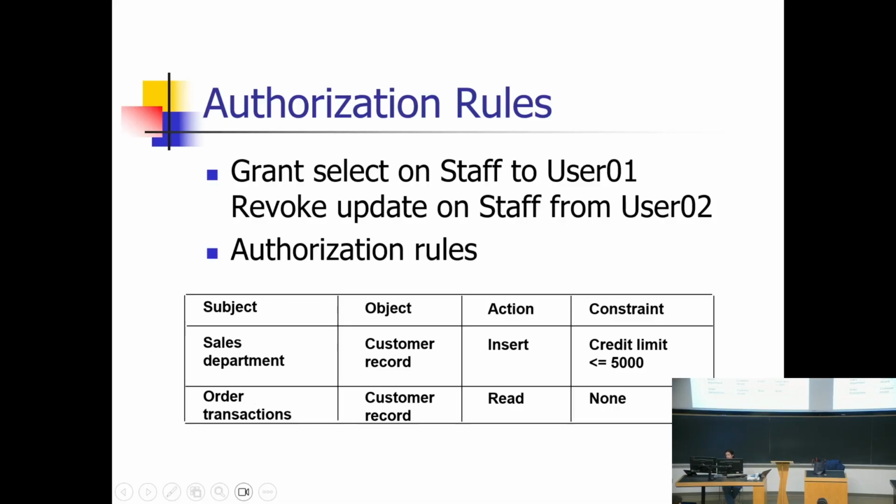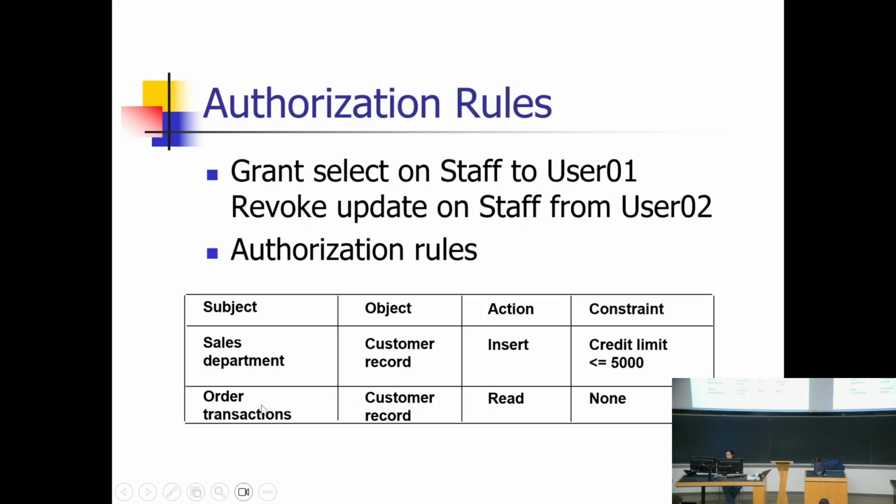So what this table actually shows is a more detailed authorization logic, right? For example, let's say a sales department here. What type of action can the sales department do? It can only do the insert on the customer records, right? So it can insert customer records, but with a constraint, only if the credit limit is less than or equal to 5,000.